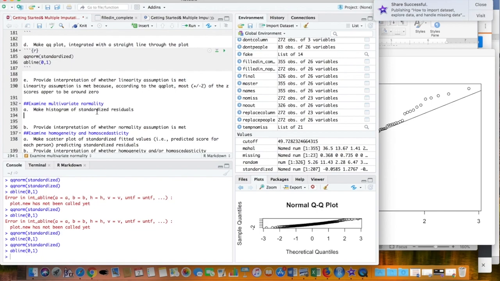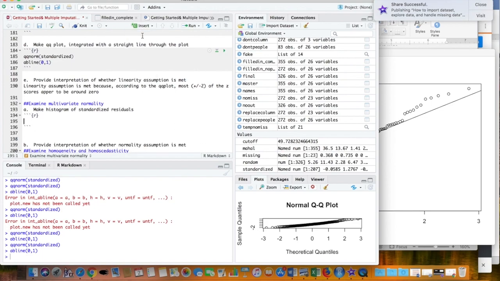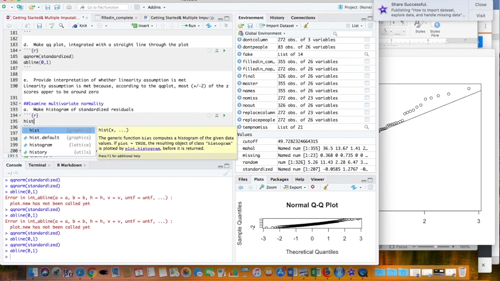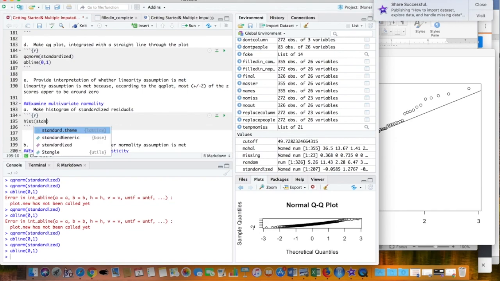examine multivariate normality. First off, you want to make a histogram of standardized residuals. Histogram. Oops, forgot to add a chunk. Histogram, standardized, breaks equals 50.